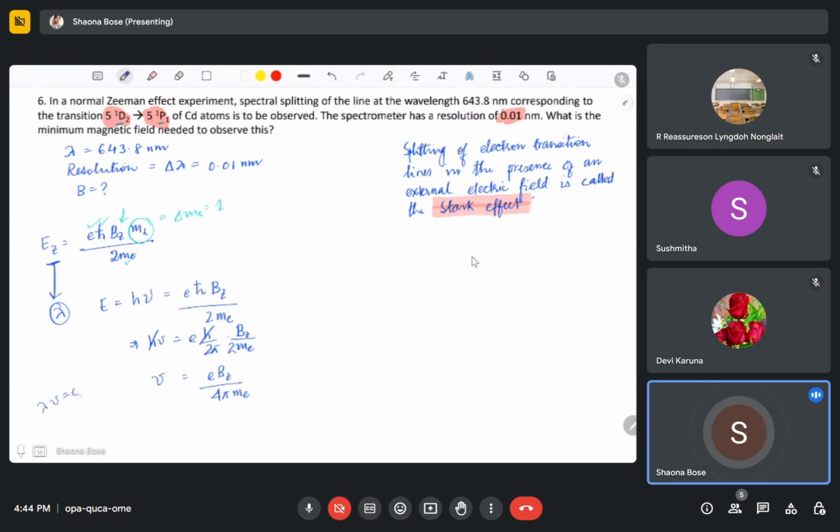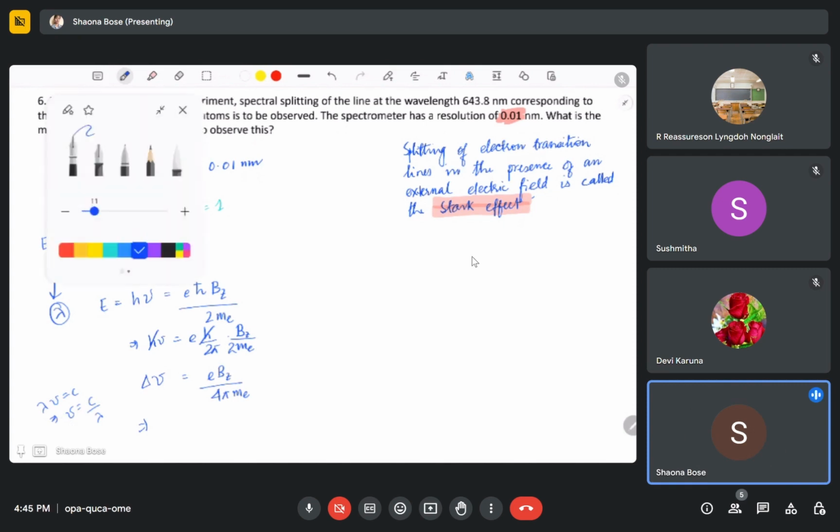Still we don't have lambda. So lambda nu is equal to c, so nu is equal to c by lambda. Okay, this would be del nu because this is the Zeeman energy, which is the split.